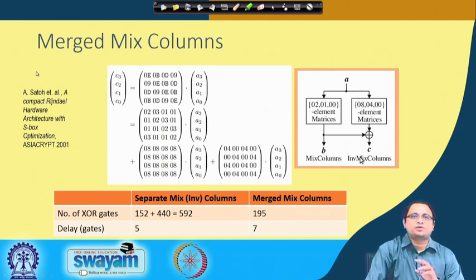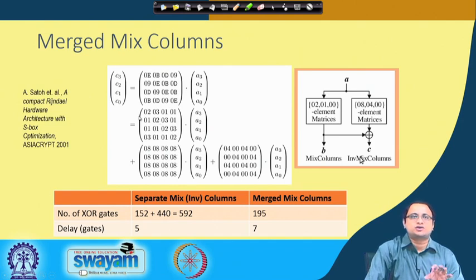But what is interesting is to see how we can merge the mixed columns. There are a couple of interesting approaches which people have proposed. Note that in inverse mixed columns, the matrix is significantly different from the mixed column matrix.